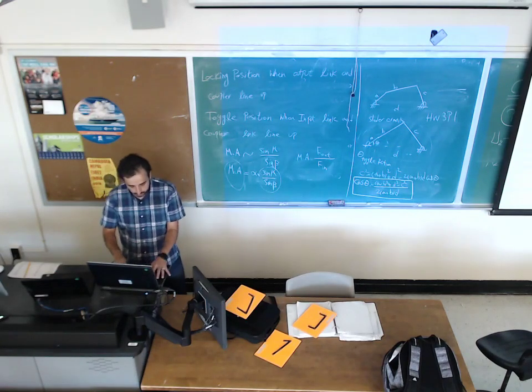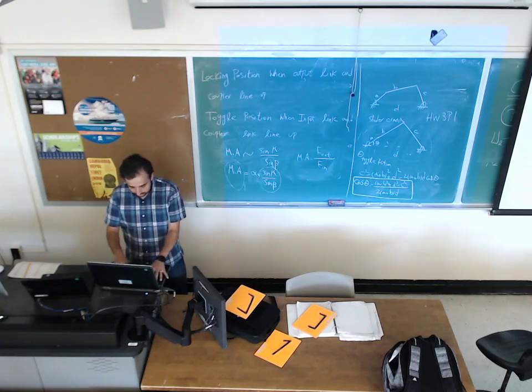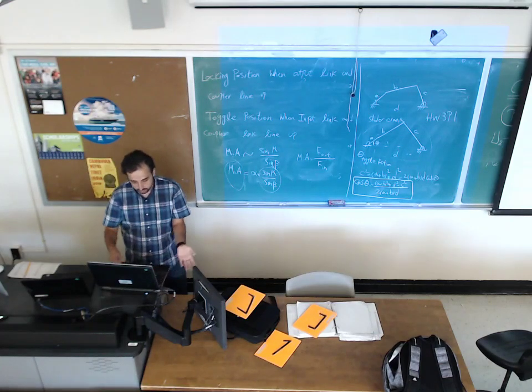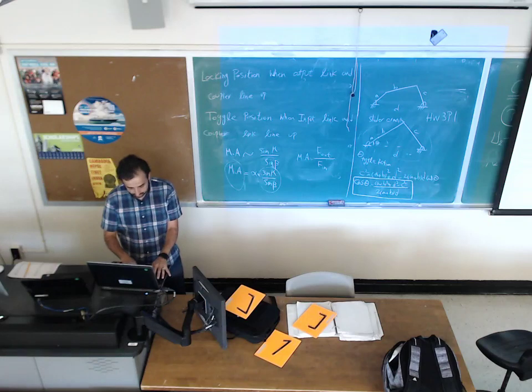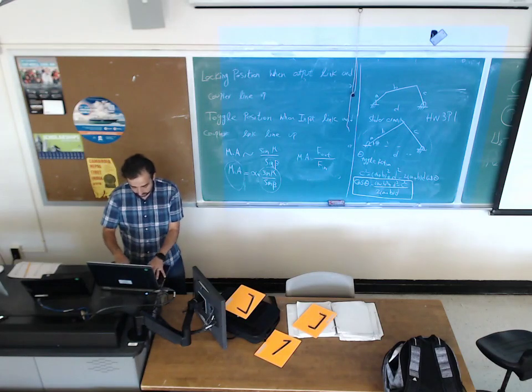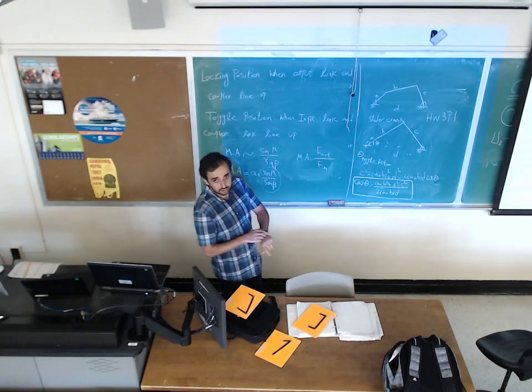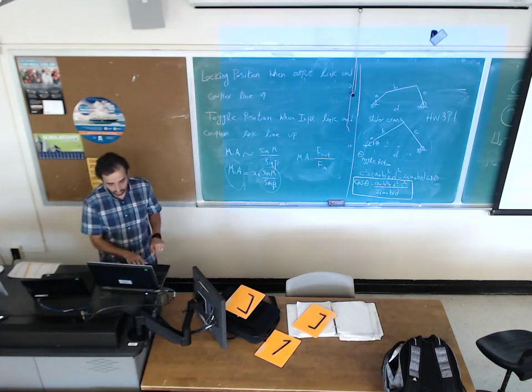It's going to be the same for the sine. SIND of 30 is 0.5. ASIND of 0.5 is going to be 30.